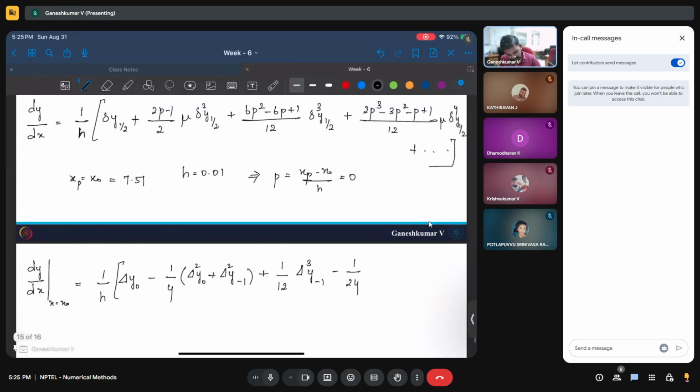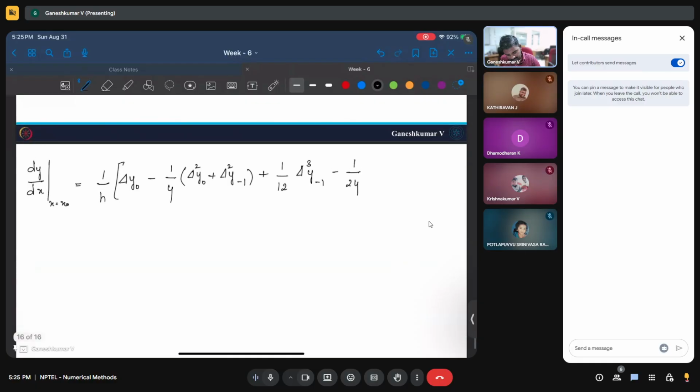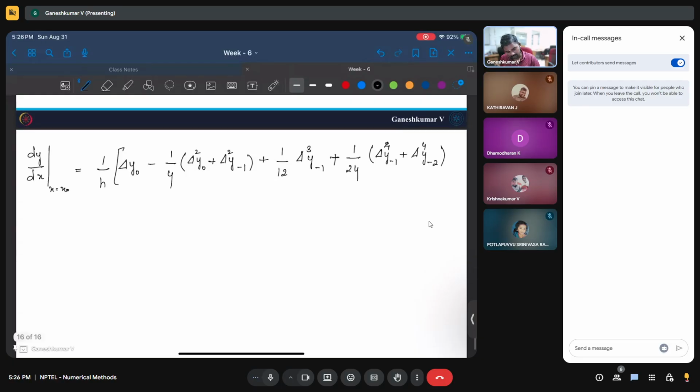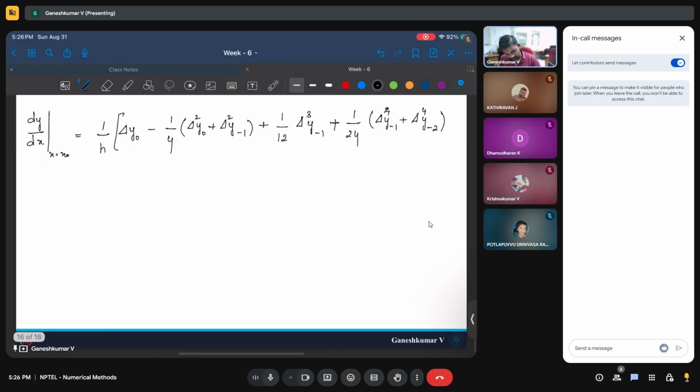Is it minus or plus? So it's plus 1 by 24 into delta 4 y minus 1 and y minus 2. And the fifth one is going to be minus 1 by 20 delta 5 y minus 2.